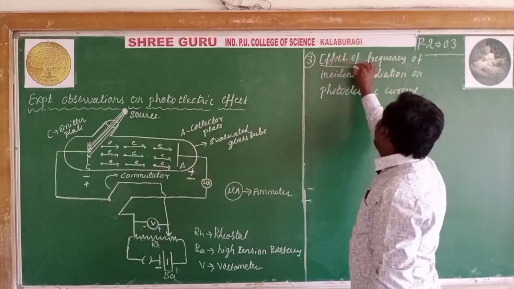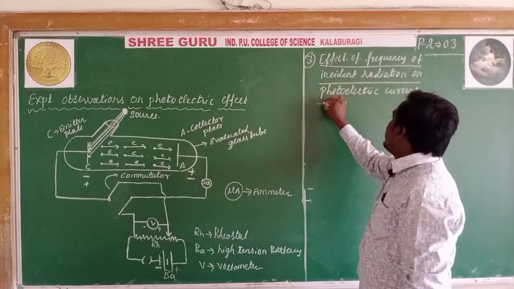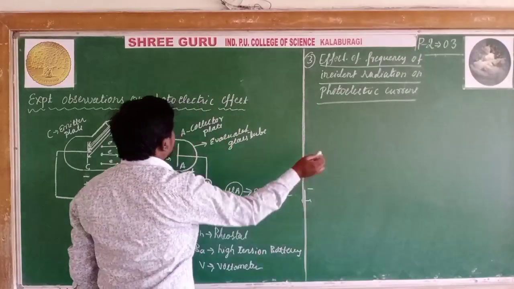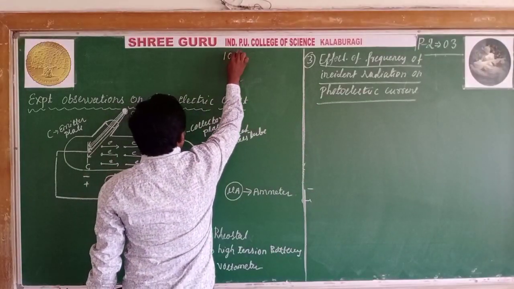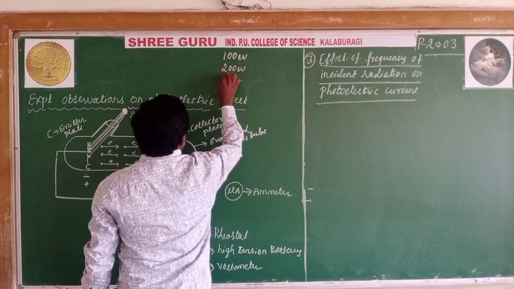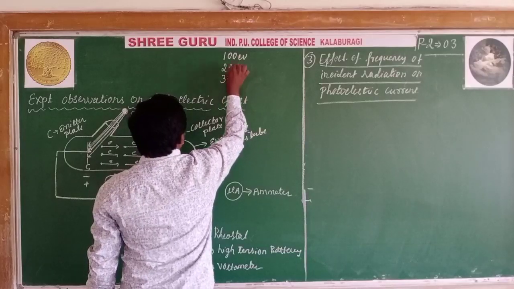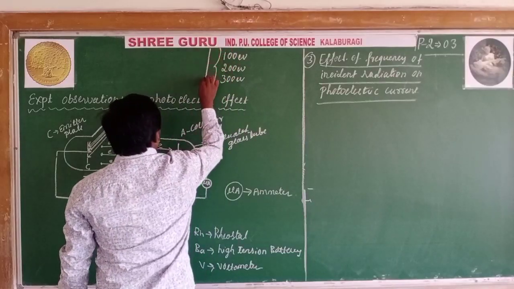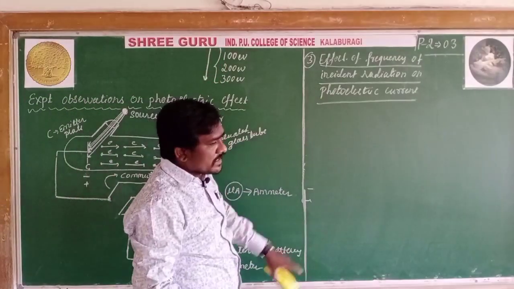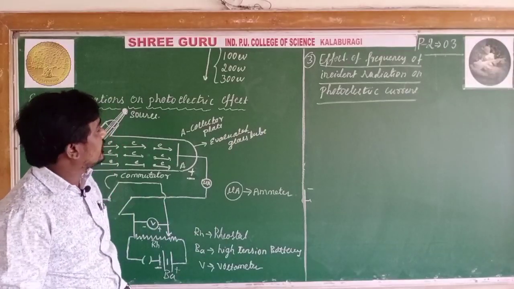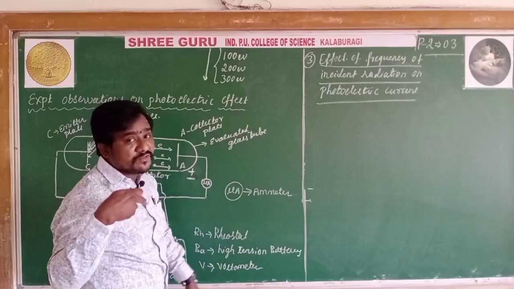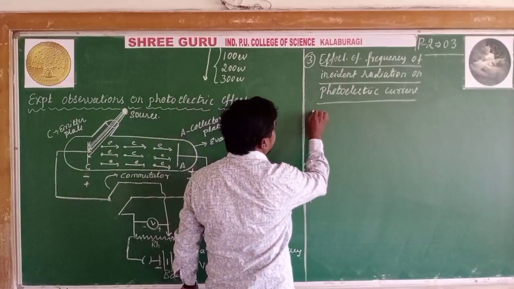Previously we discussed 100 watt, 200 watt, 300 watt, where we increase the intensity of light. In this case, what should we vary? Frequency. And what is going to be fixed? The intensity.